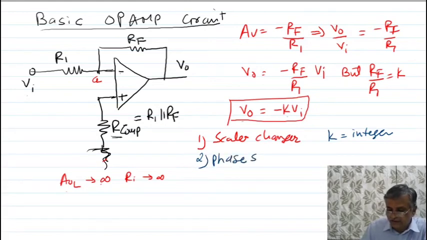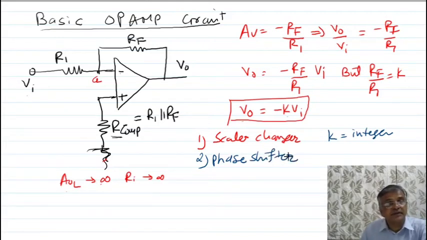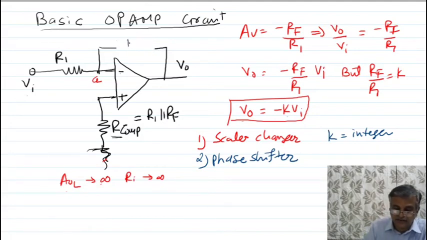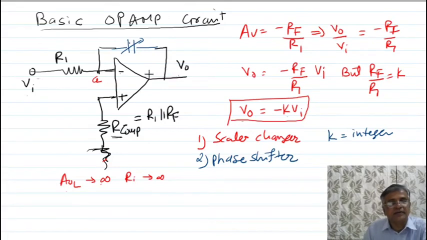Second, phase shifter. This circuit can be used as a phase shifter if Rf is nothing but an inductor or capacitor. If I am connecting here an inductor or capacitor, and you vary it, the phase shift between the output and input voltage will vary.